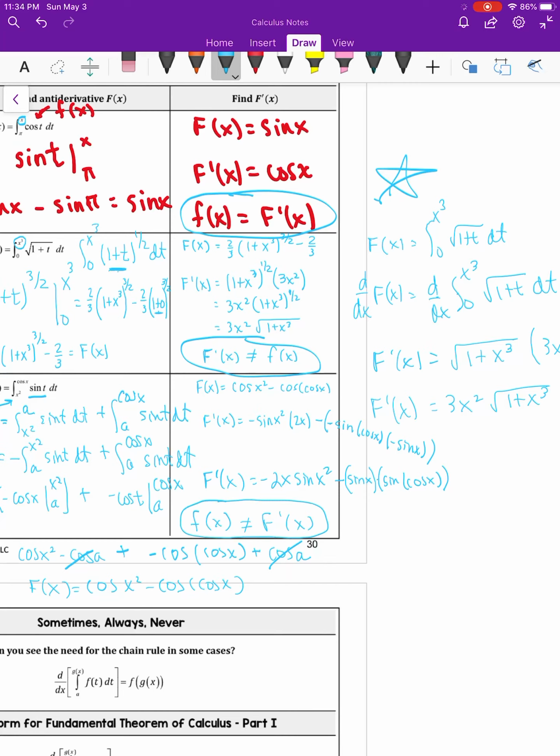Look, this was your capital F, and that was your little f. So obviously your little f does not equal your capital F prime, okay?